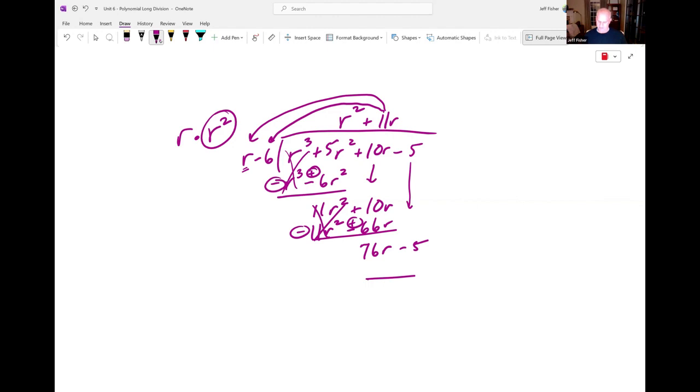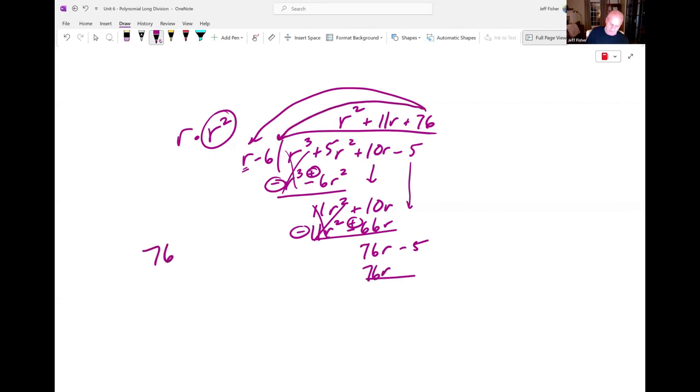Wait a minute, did I do that right? Yes, what times r equals 76r? It's just 76. 76 times r is 76r. 76 times negative 6. Well, let's try that.